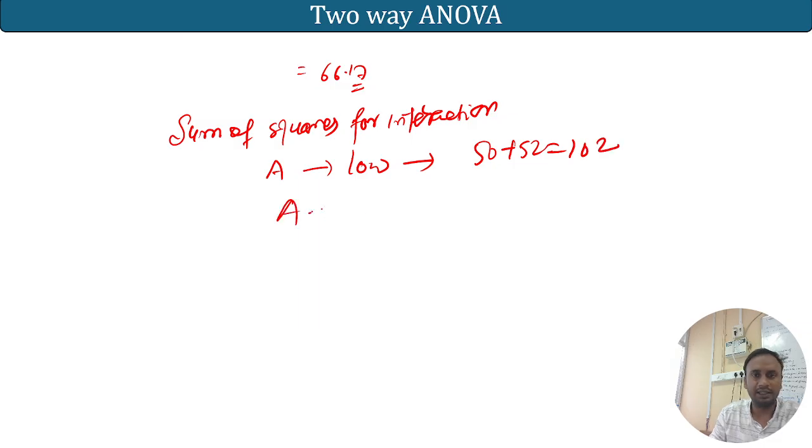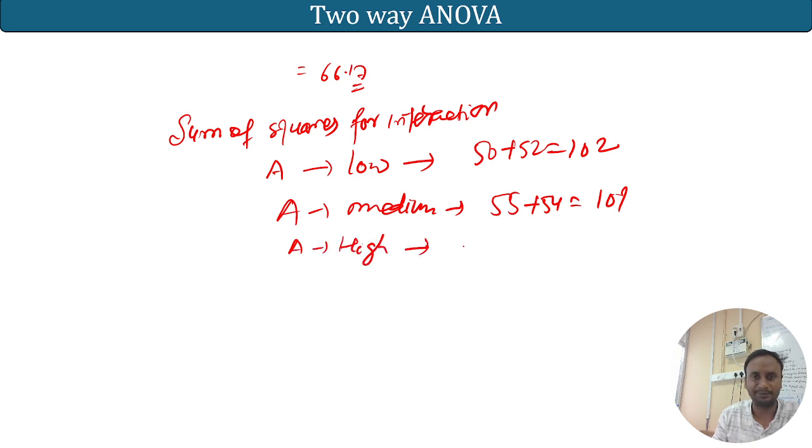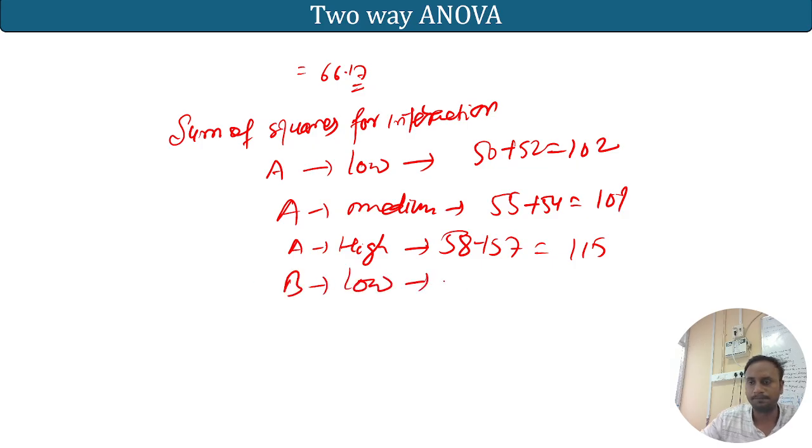Then we'll go with A medium. What is the value? 55 plus 54, 109. A high: 58 plus 57, how much is the value? 115. B low will go.